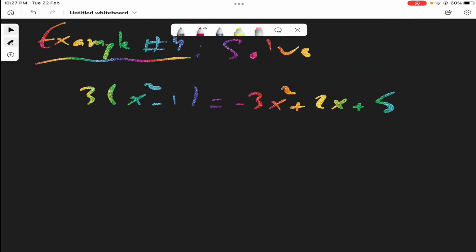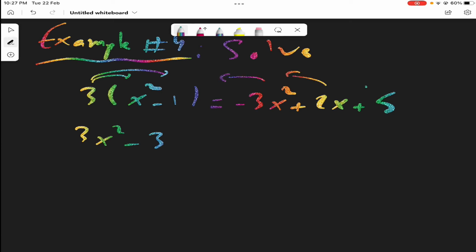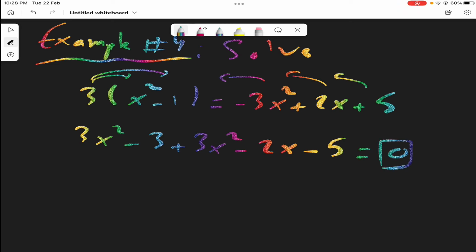This equation is not ready. We multiply 3 times x², 3 times negative 1, and at the same time, let's bring all of these to one side. Plus 3x² minus 2x minus 5, so that the right hand side is 0.